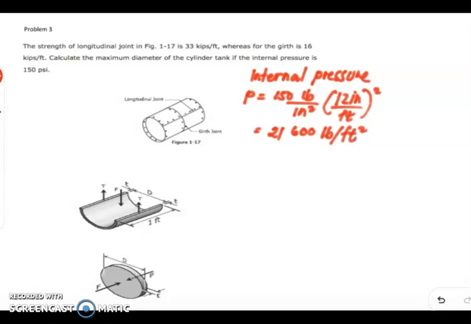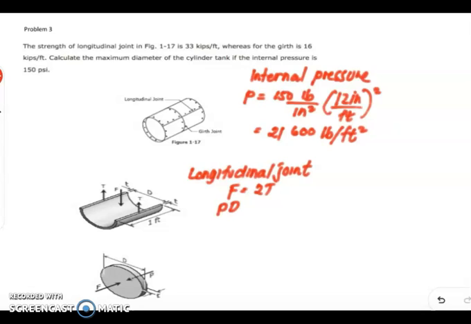And for the longitudinal joint, on the tangential stress, so we consider a 1 feet length. So of course we have F is equal to 2T, and F is equal to internal pressure times the diameter.